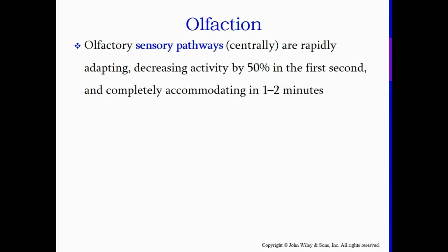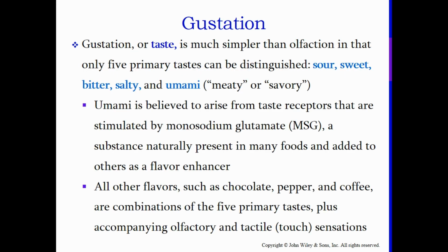Now, you tell yourself, hey, I don't smell it anymore, and you bring your consciousness back to knowing that the aroma's out there. You can bring it back, but once you are no longer worrying about that aroma and you've distracted your brain with other things, you have reached olfactory accommodation.